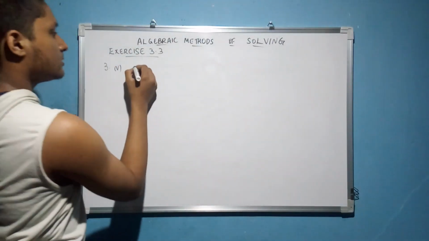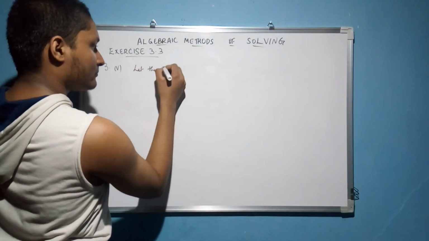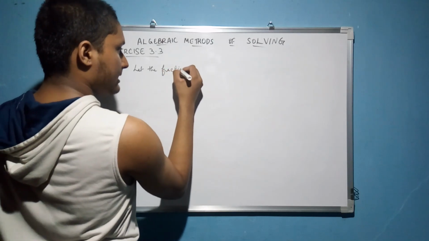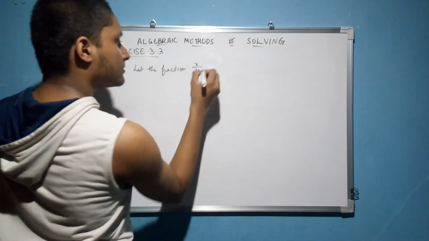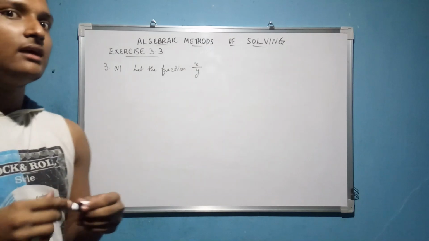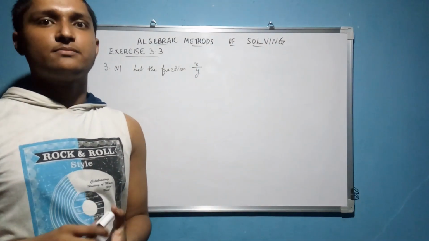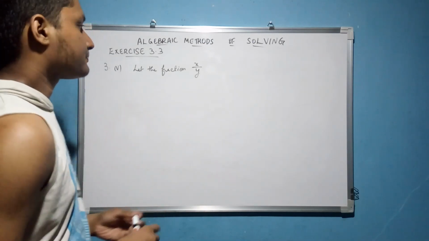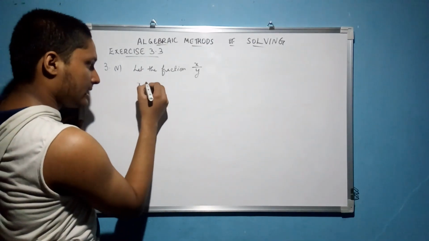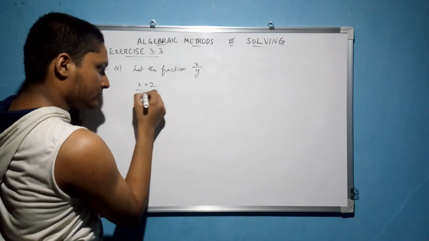Okay, so let the fraction be x by y. That is easier, rather than telling this is numerator and this is the denominator, I'll just tell the fraction is x by y in the simplest form. The first case says x plus 2 divided by y plus 2.